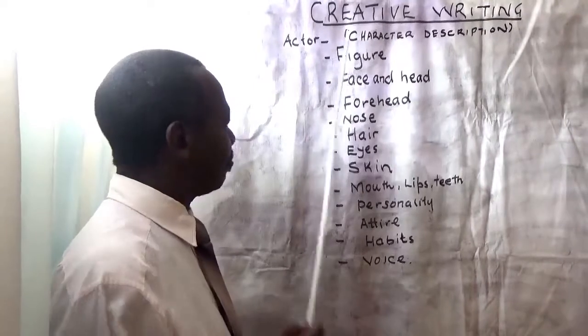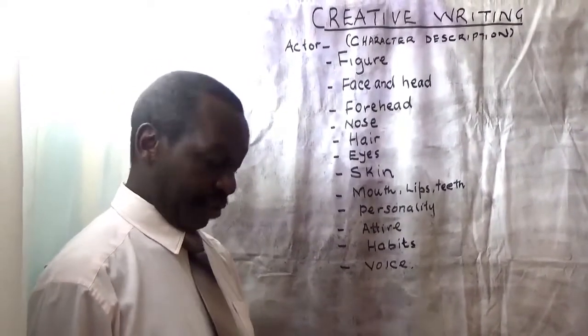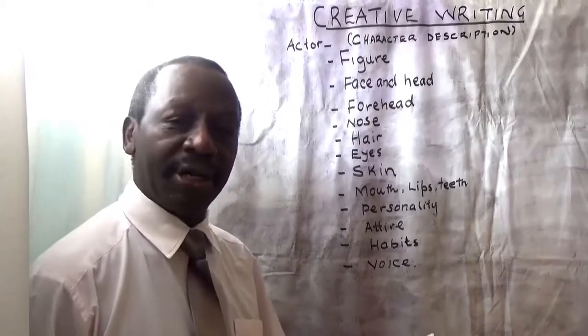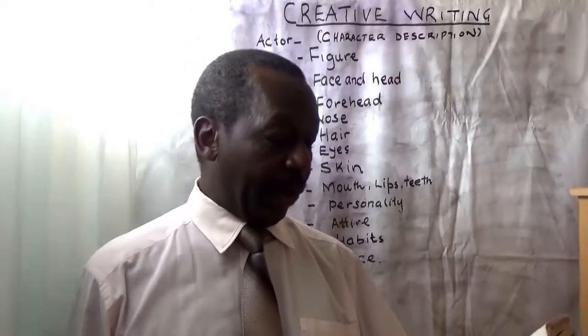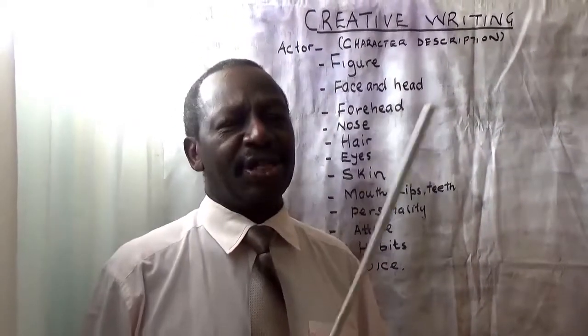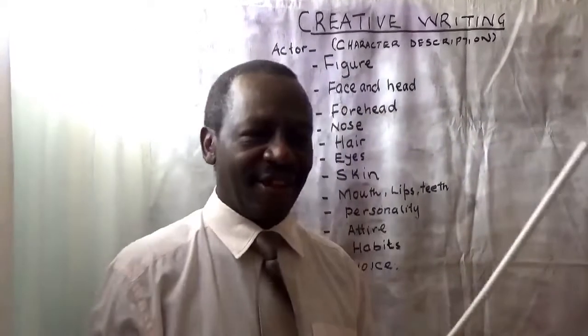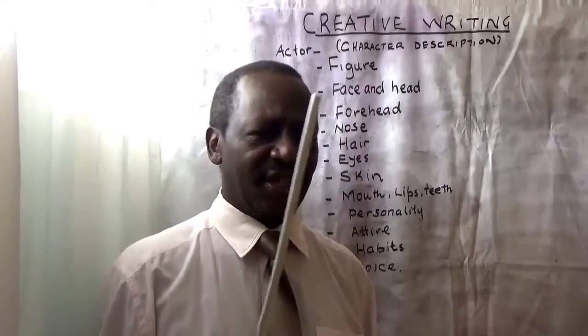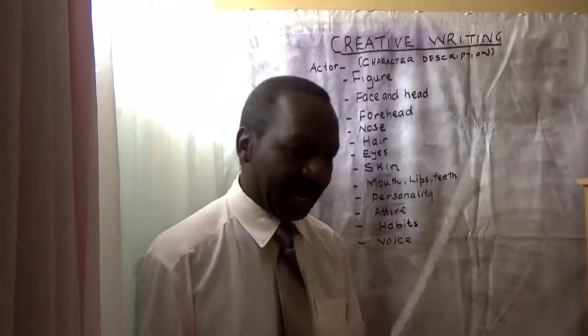The nose can be long, flat, bulging, snub, straight, broad, bulbous, aquiline, etc. So it is not good just to talk about a character and just say he or John and that's it. John has very many other adjectives that can be used to describe him.